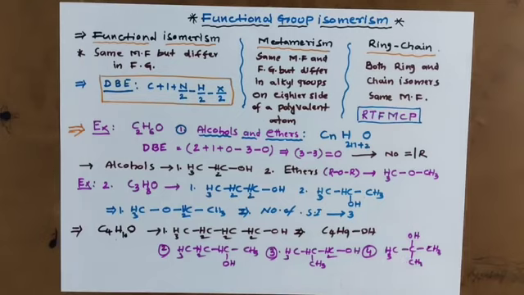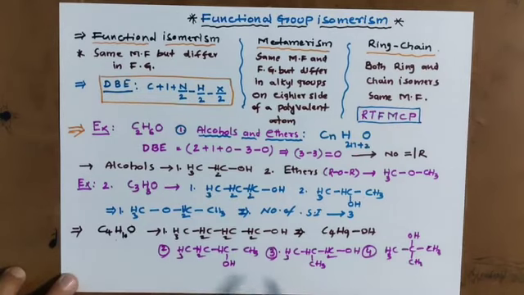These four are position isomers, not functional group isomers. So this we have to count in structural isomers. So with C4H10O we got four alcohol isomers, and these two are chain isomers. This is parent chain 3, this is 3. These two are chain isomers: 1 2 3, 1 2 3.